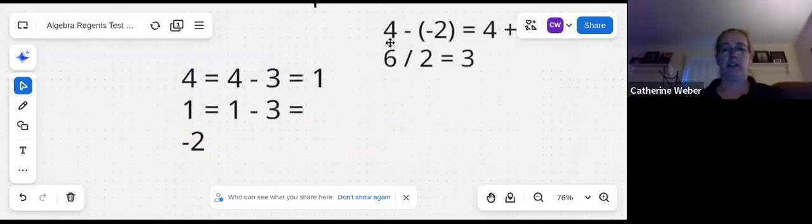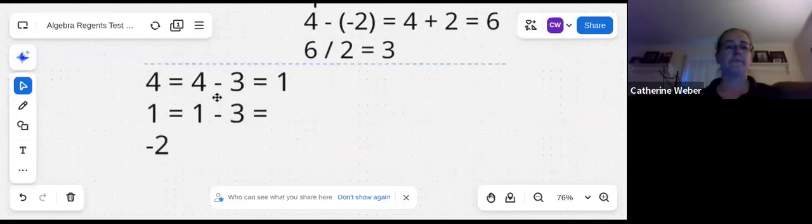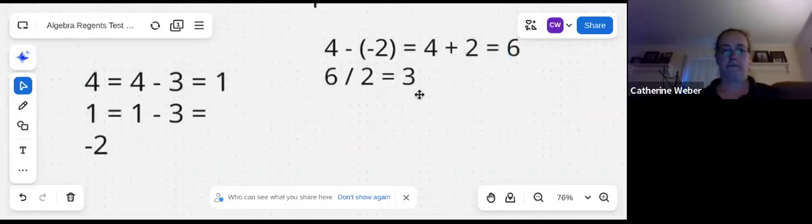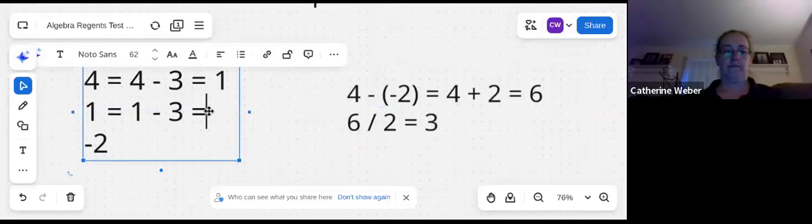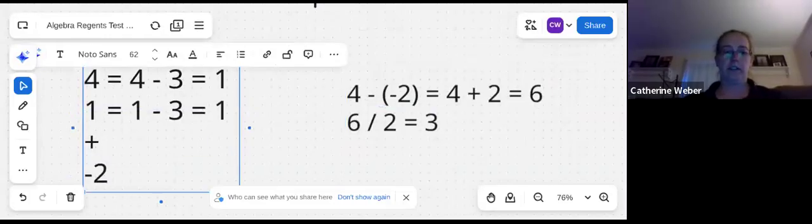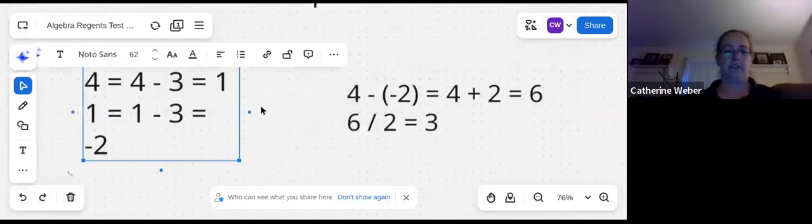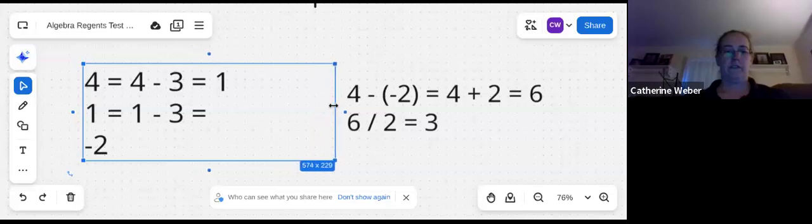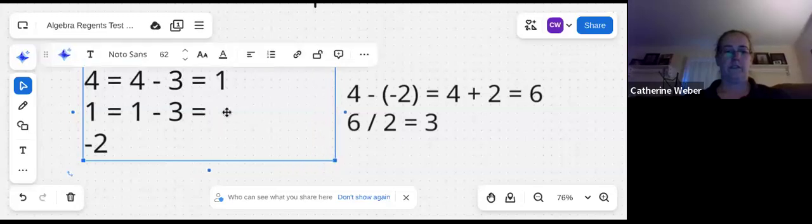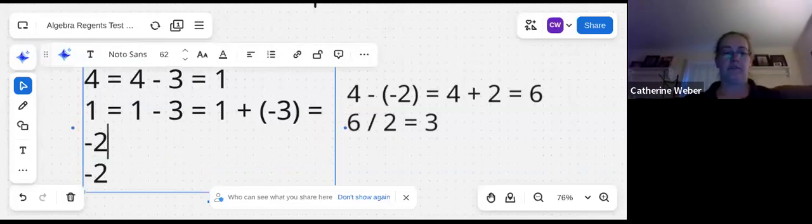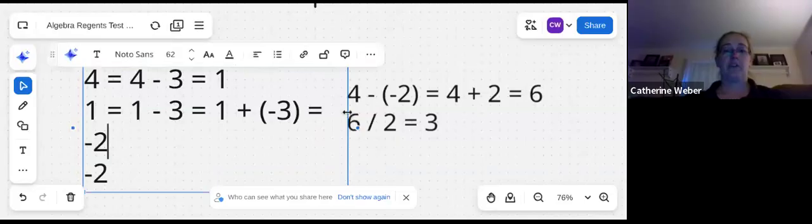Same thing as saying 1 plus negative 3, which will give me the negative 2 that we are looking for.